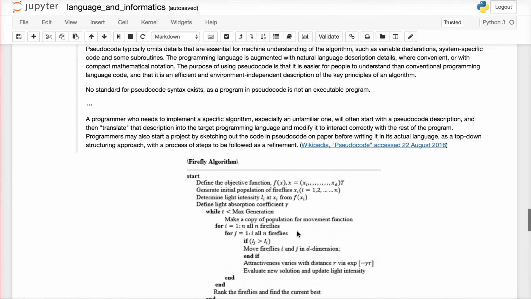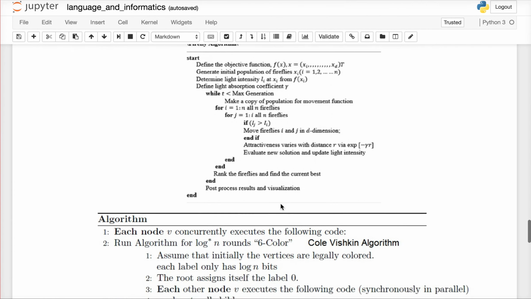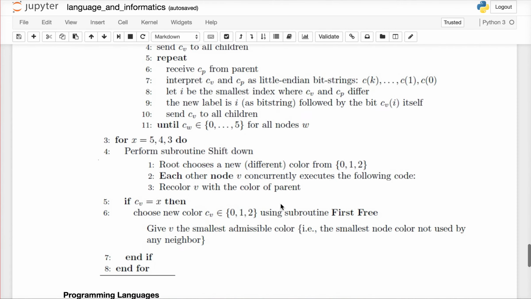Here are a couple of different examples of pseudocode for different algorithms.